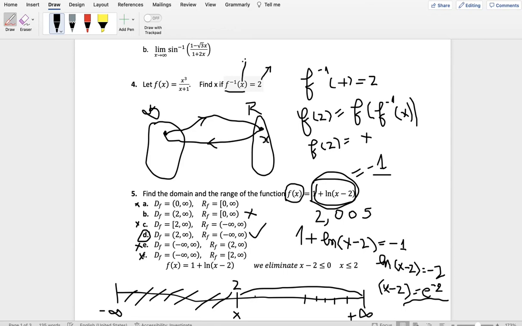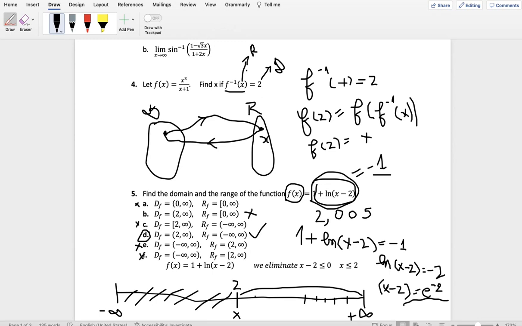It's coming from the range of the original function. And the 2 is coming from the domain. Now, I'm not sure if that makes any more sense, but basically, like I said, the range becomes the domain and the domain becomes the range, right?